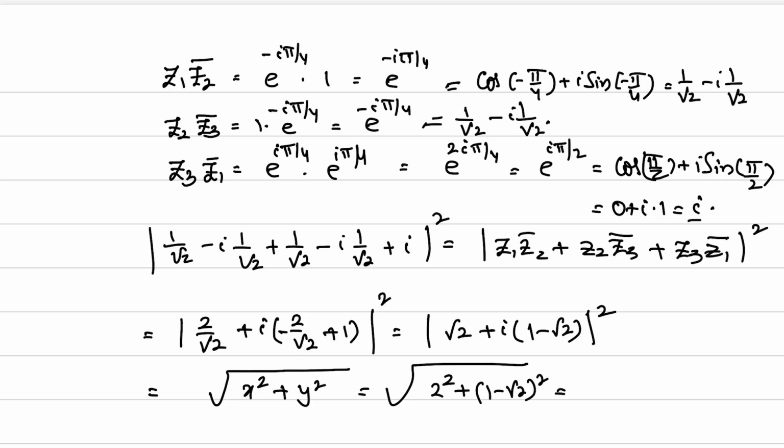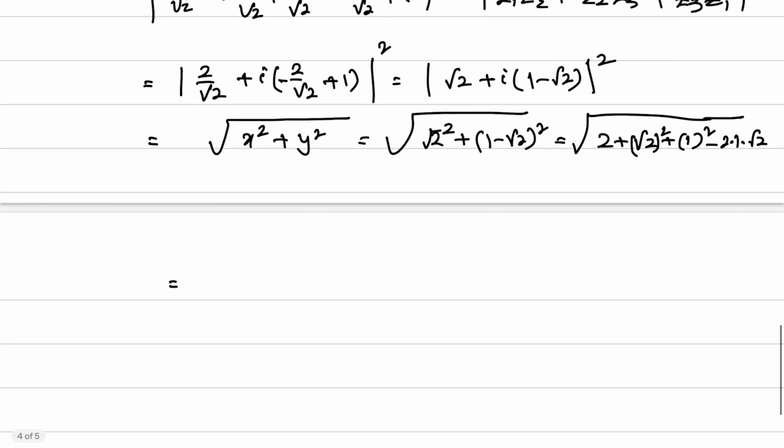That is equal to the square root of root 2 whole square plus 1 whole square minus 2 into 1 into root 2.